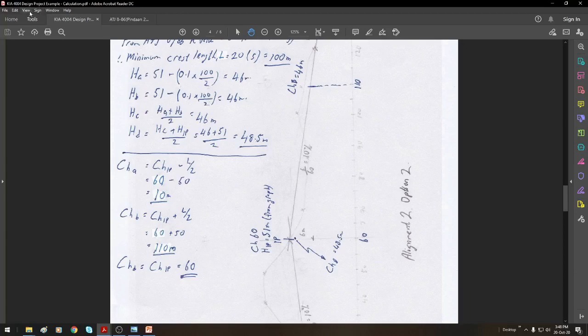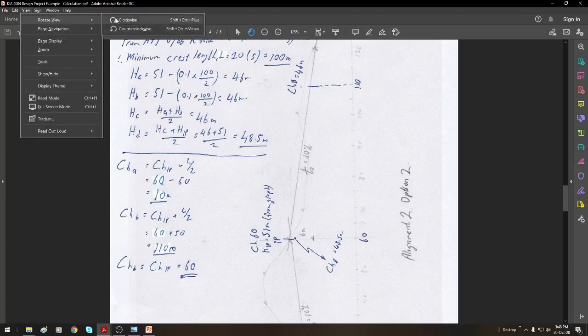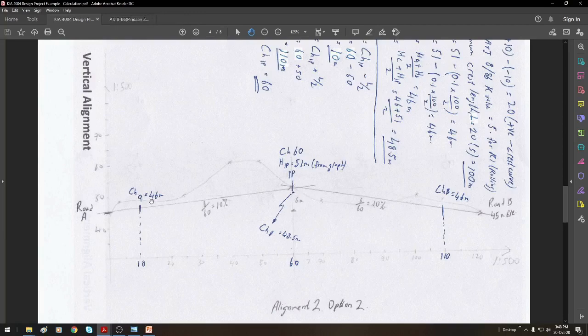So you see here, the height at A is 46, the height over here is also 46, and the height at the middle point here is 48.5.